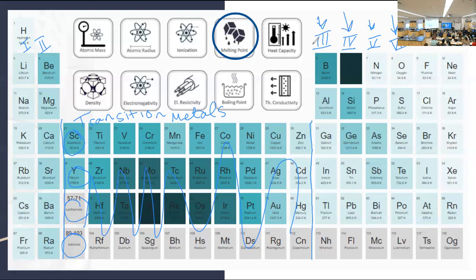When I give you a group number, if I say I'm looking at group 5 and period 3, which one am I talking about? Really? Arsenic? Sorry, no. I heard it. Phosphorus. Okay, I heard P in the back, and then I heard phosphorus here.